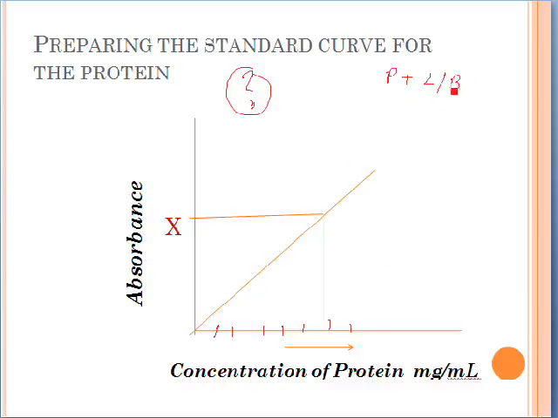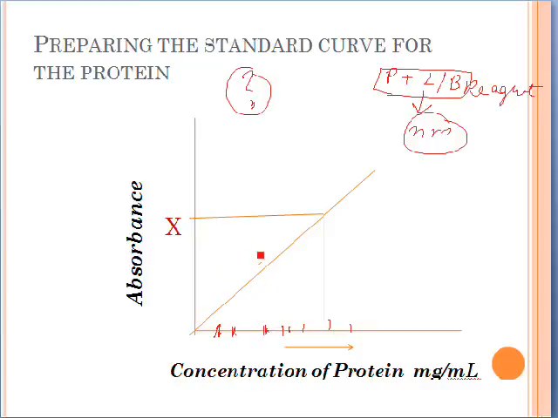We take the protein plus the Lowry or Bradford reagent and take absorption at the relevant nanometer, and these values are plotted on graph paper.